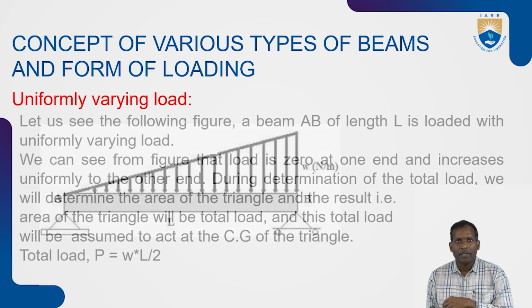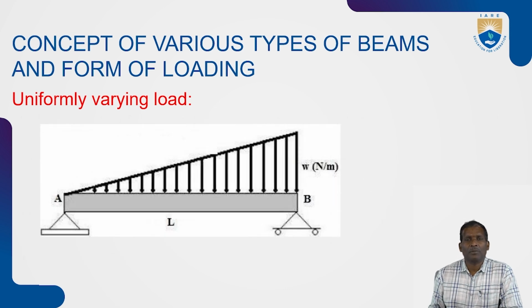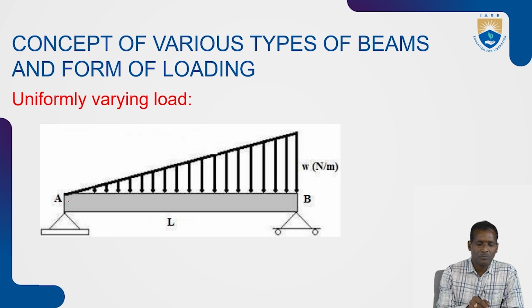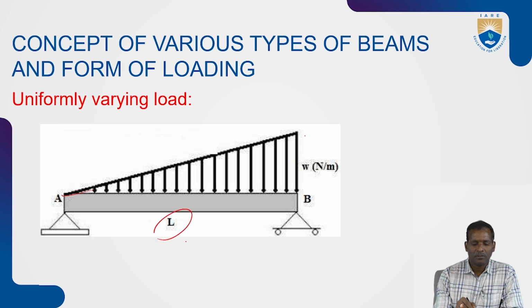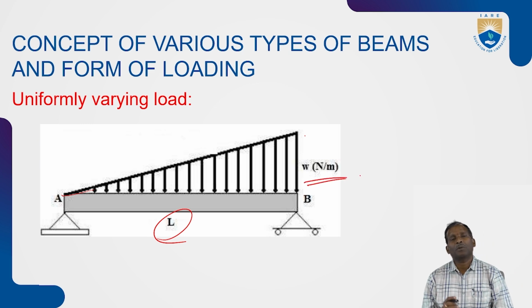I will show you a diagram. This is a uniformly varying load from 0 to the maximum, that is W, not uniformly distributed. The length of the beam is L. The load is in Newton per meter. So how do you convert this uniformly varying load into a point load or concentrated load?